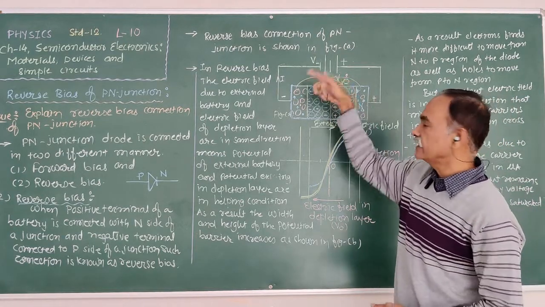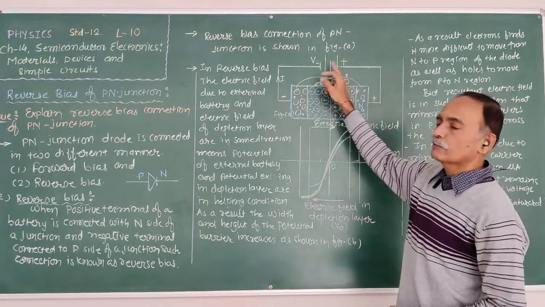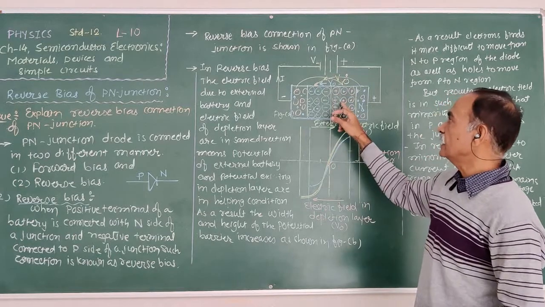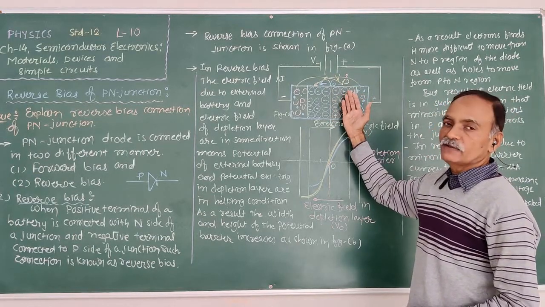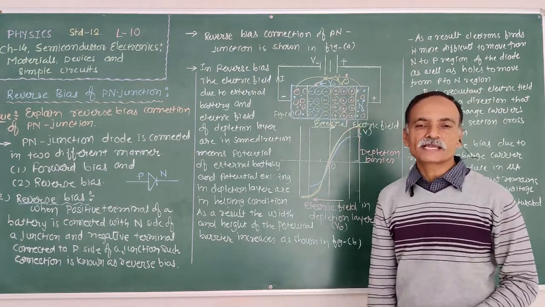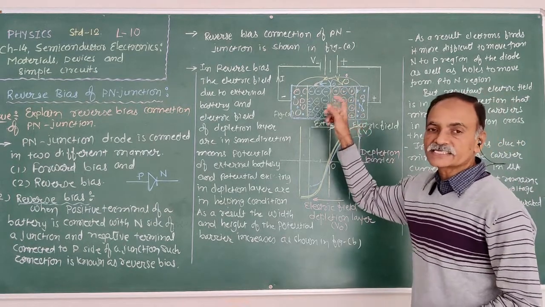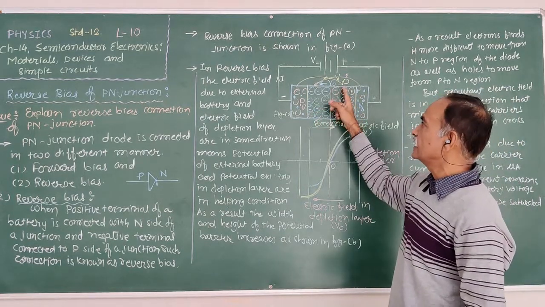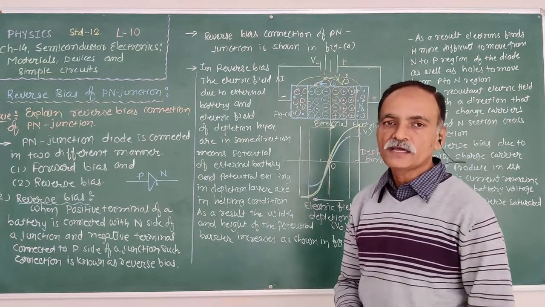Both are in the same direction. Because the electric field has the direction from positive to negative terminal, here in the depletion layer the positive charge is accumulated near the N region and negative charge accumulated near the P region.